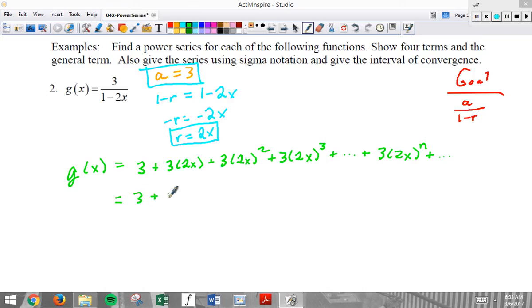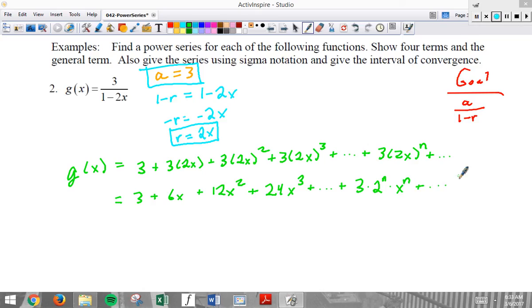And again, you could be done there depending on how you're feeling about life. That sounded weird. Depending on how you feel about all of this. How could you simplify this? If you said 3 times 2 to the n times x to the n, great.